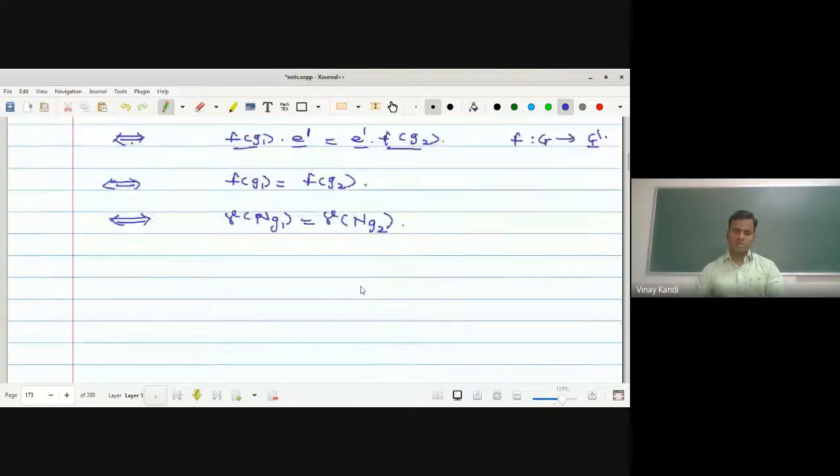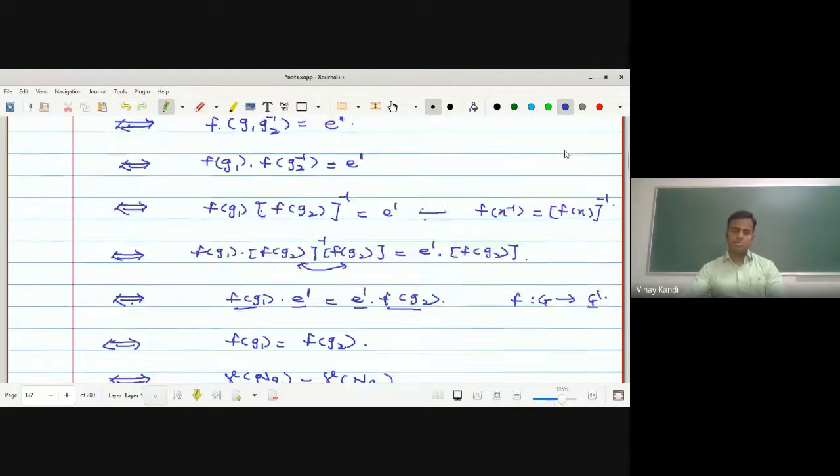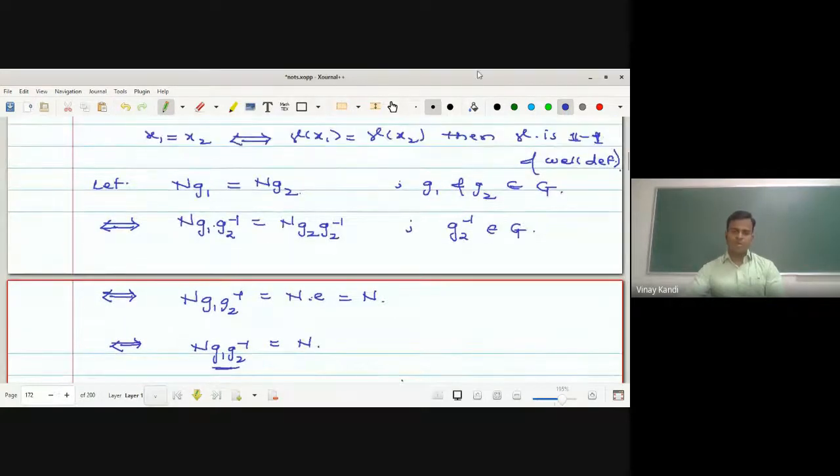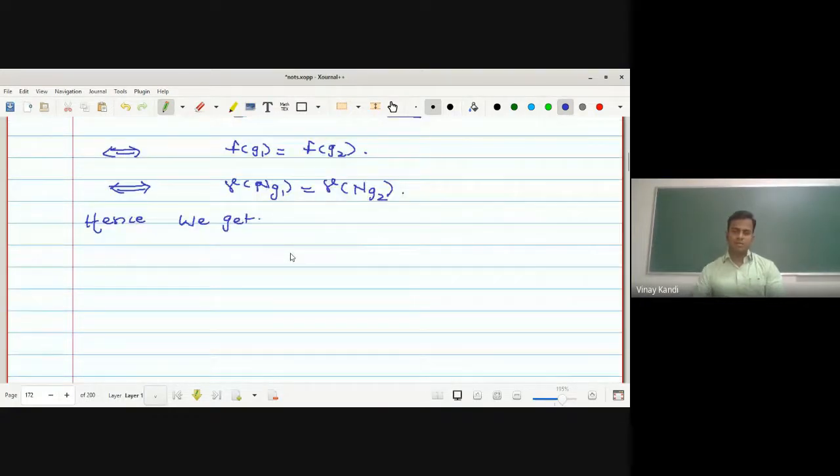Hence we get: if n g1 is equal to n g2, this implies and is implied by gamma of n g1 is equal to gamma of n g2.